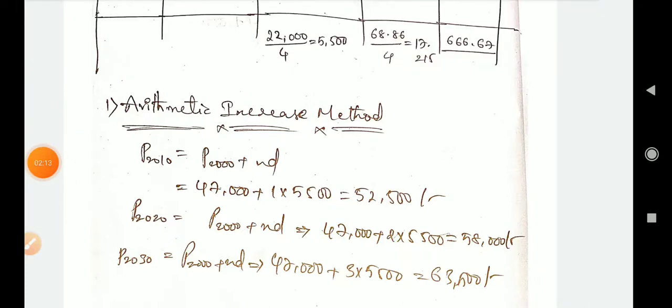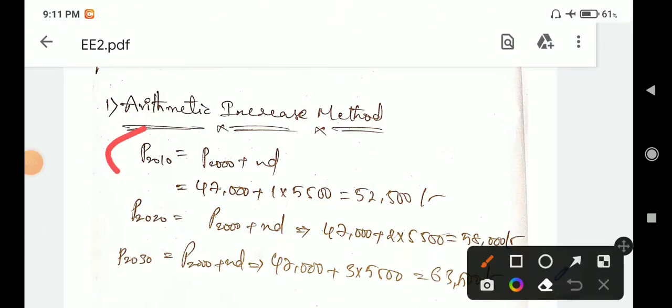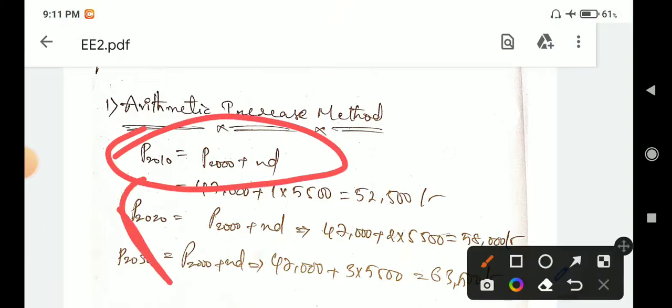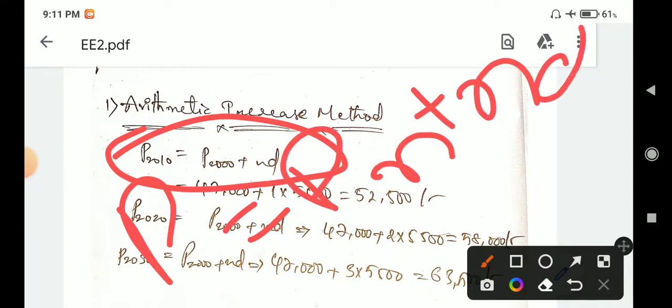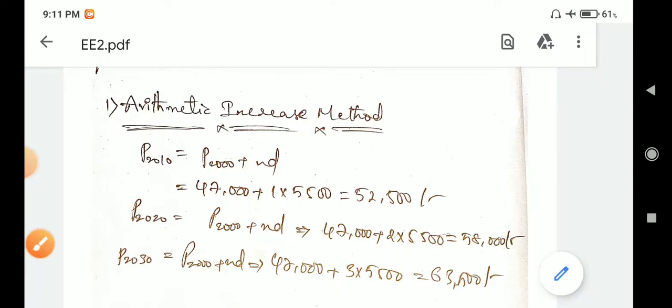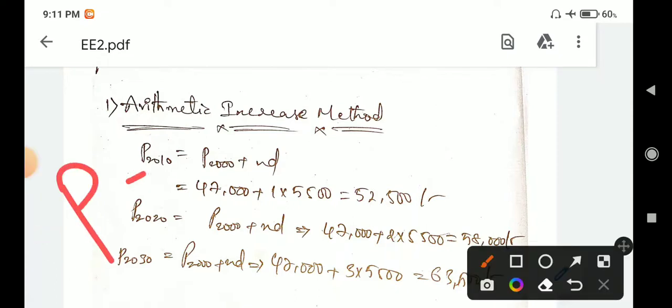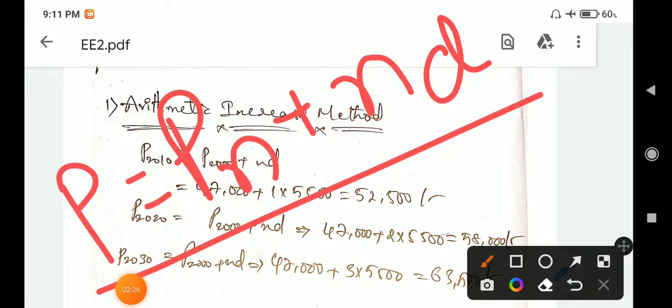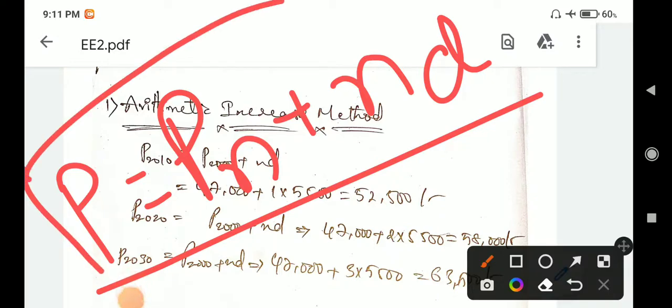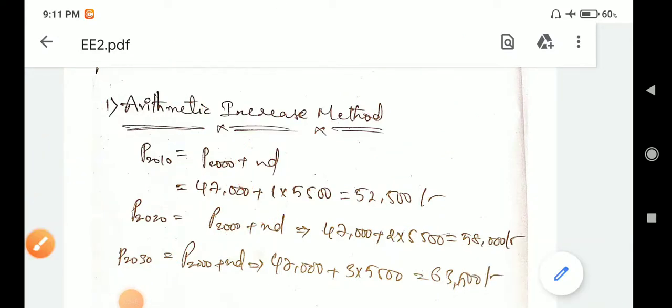This is a formula: P equals Pn plus nd. This is the formula for the arithmetical method.